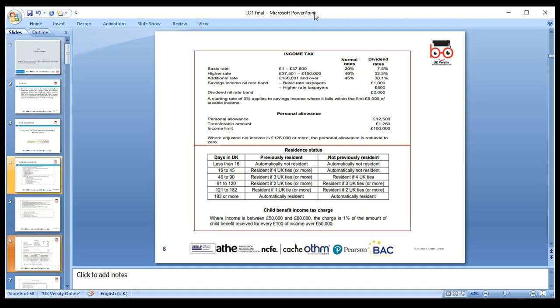It can go up and down, not normally up, but as an individual situation it can vary. So maybe you're not entitled to 12,500. The reason is, if you're earning over 100,000, you don't get the full 12,500. You're absolutely right, then it will go down accordingly.